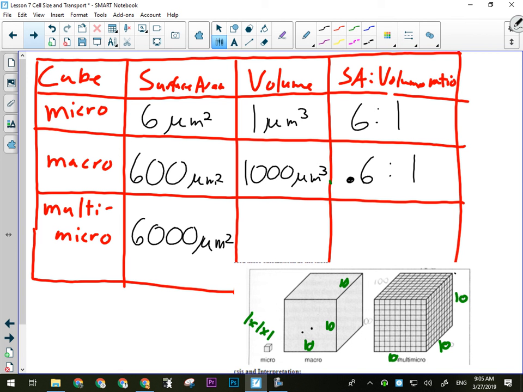So there's 6,000 square micrometers worth of surface area in here. Now it's the same size as macro, so its volume is the same, still 1,000. Its internal volume is still 1,000. It's just made up of a bunch of smaller cells.